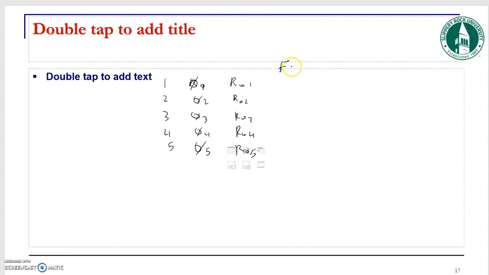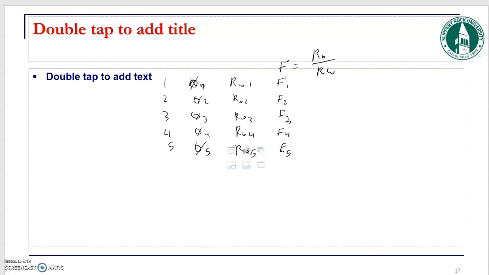Then you can calculate F for each of these samples by dividing R0 by RW. Let's assume that you use the same brine for all these samples. So you can calculate F1, F2, F3, F4, and then F5, right?